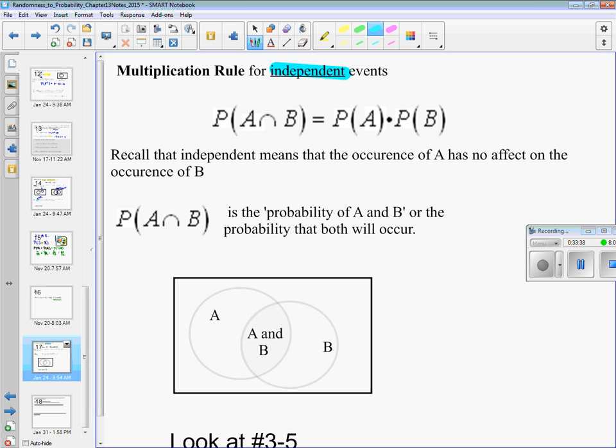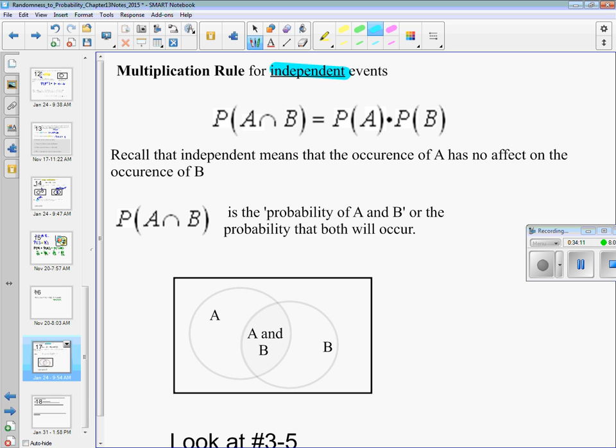Independent means something entirely different. What does it mean for something to be independent? Like it doesn't affect the thing after it. Okay? So it doesn't have an effect on any resulting outcomes. One does not affect the other. Before we get to the math part, let's make some decisions as to whether or not the following events are independent or not.